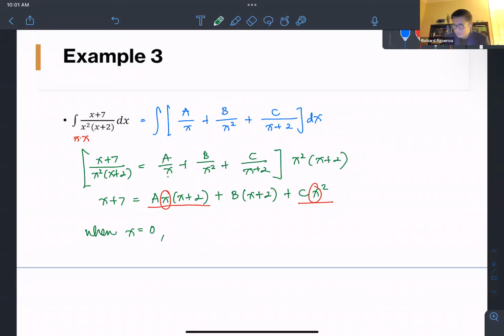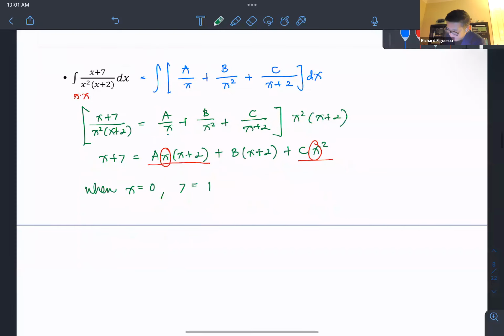So x is equal to 0. So 0 plus 7, it's 7, is equal to, so a is already 0, so b times 0 plus 2, it's 2. So therefore, b is equal to 7 all over 2. So this is our b.